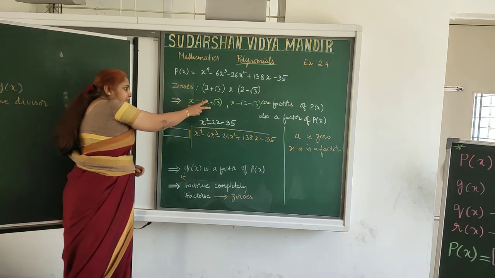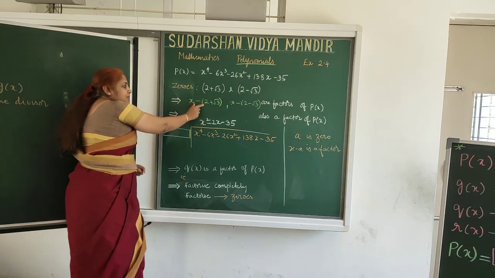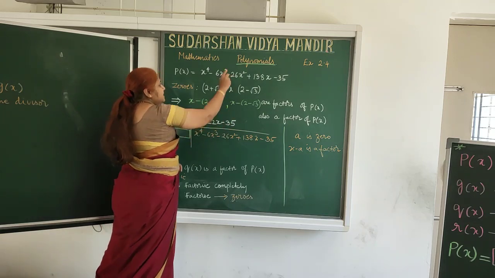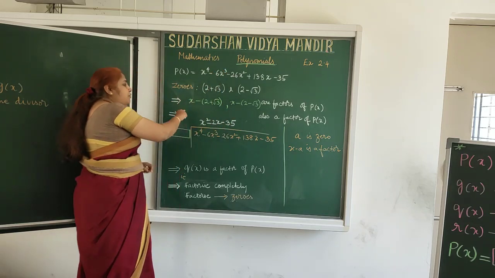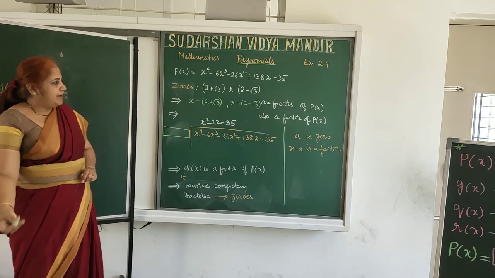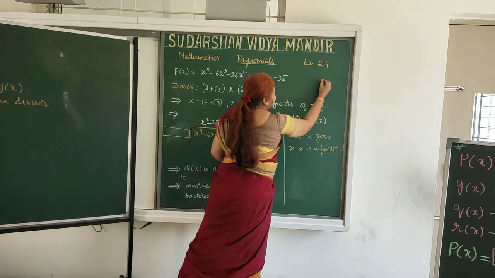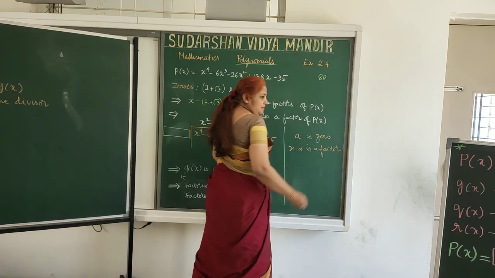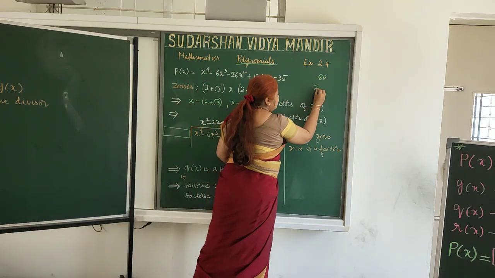Now, once we know that these two are factors of this expression, the product of the factors will also be a factor. For example, if I take the number 80, I have 2 and 5.